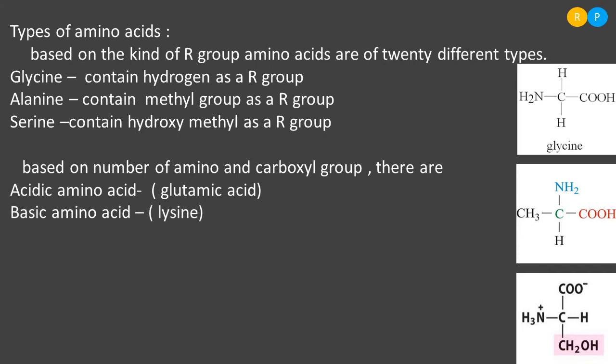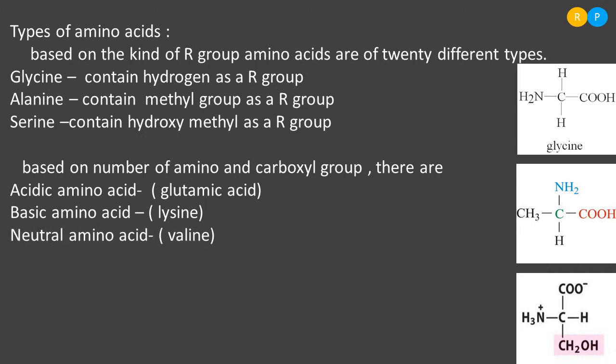Then there is one more example, the basic amino acid. What do you mean by basic amino acid? A basic amino acid is one where a basic group, a positive group, is present at one end of the amino acid, so that the amino acid is considered a basic amino acid, right?